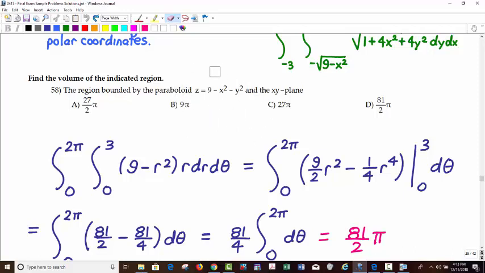So basically the base of the paraboloid is going to be x squared plus y squared equals 9. That's our region of integration. So it's going to go from 0 to 3 and then 0 to 2 pi around the entire circle. And so we have 9 minus r squared.